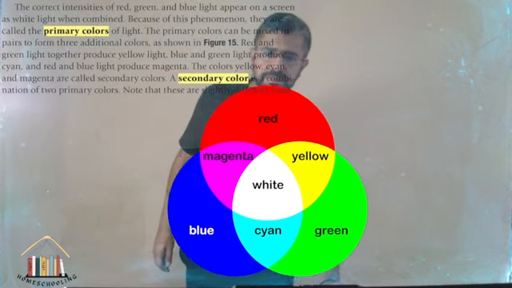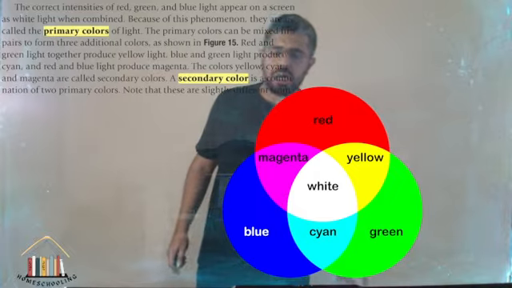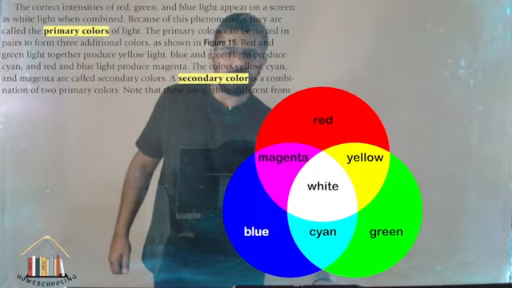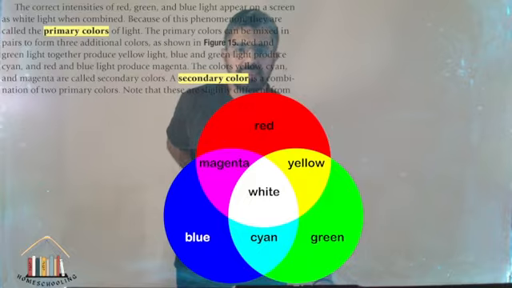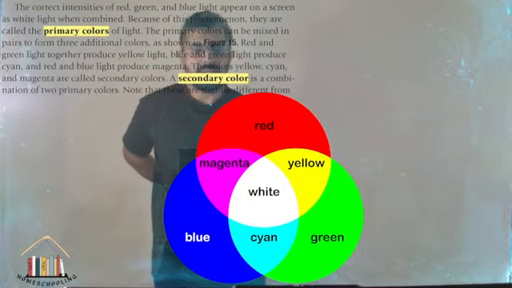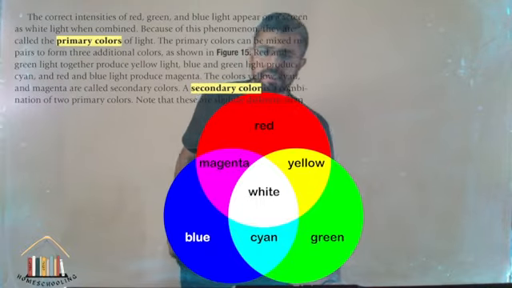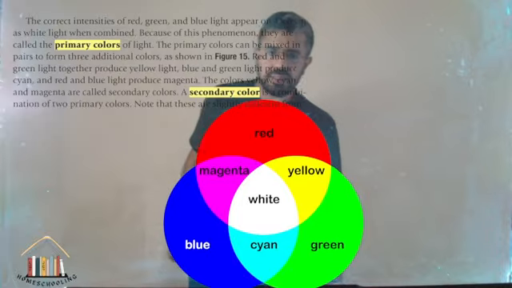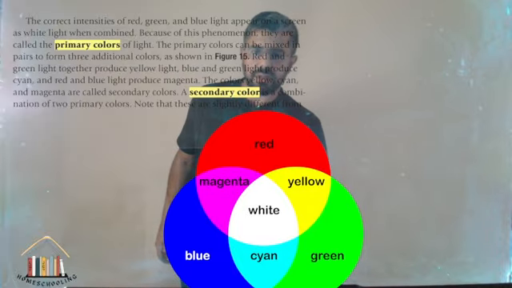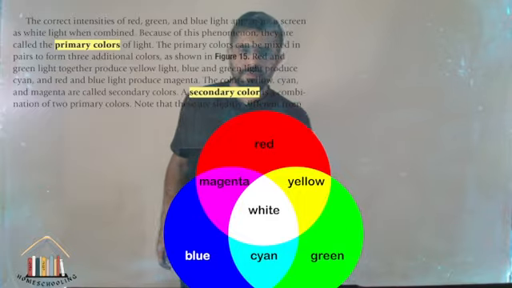However, we have secondary colors, which are the magenta, the yellow and the cyan as well. This text is trying to tell us this information.